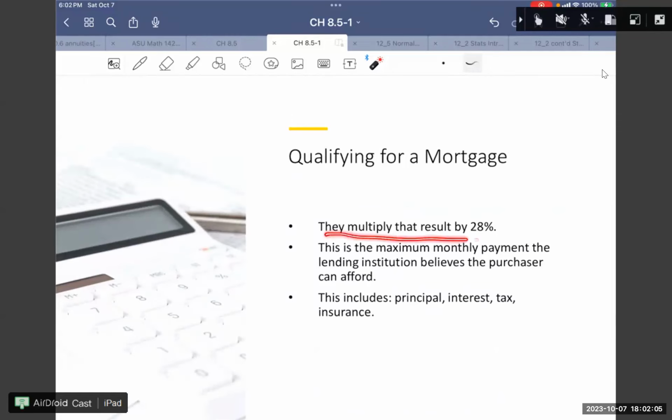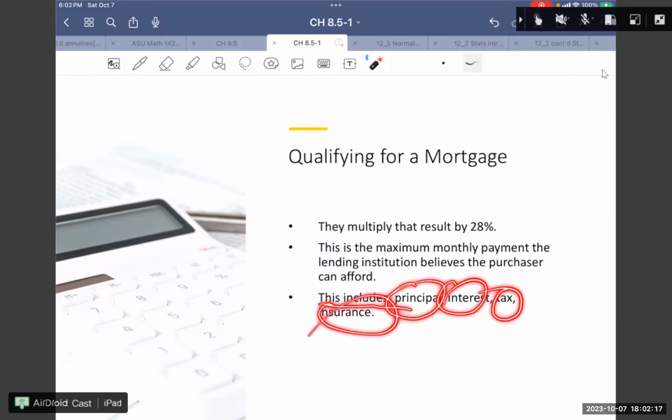They multiply that result by 28%, the maximum monthly payment the lending institution believes the purchaser can afford. This includes the principal, interest, tax, and also the insurance.